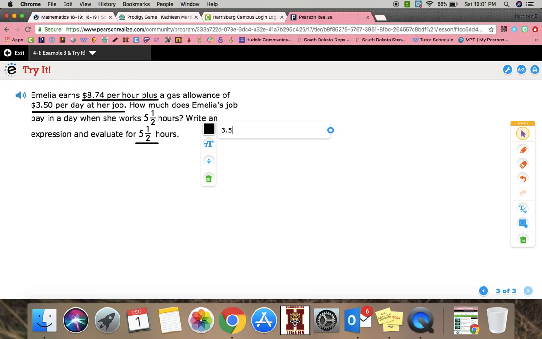So we have our 3.5, I'm going to put that first, plus, or let's do it in the order that the problem says. So she gets 8.74 per hour. So I'm going to use H for hours. For every hour she works, she's going to earn 8.74. Then it says plus, so I know there's a plus sign, plus that $3.50 gas allowance.